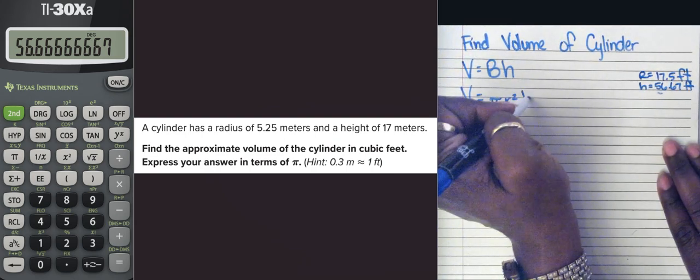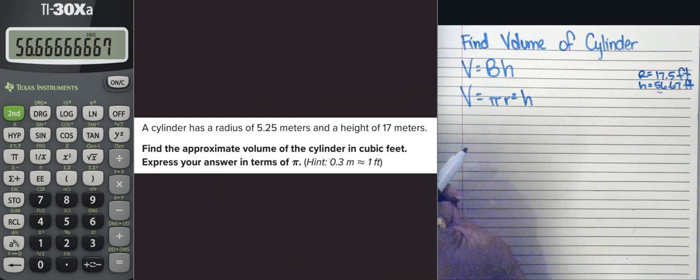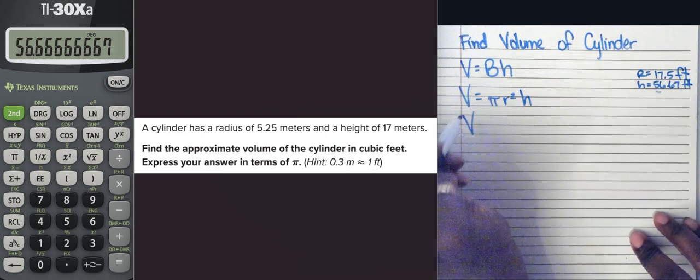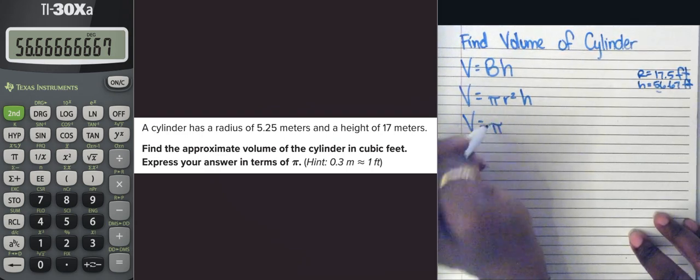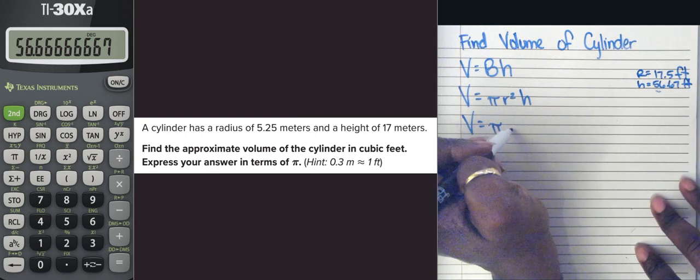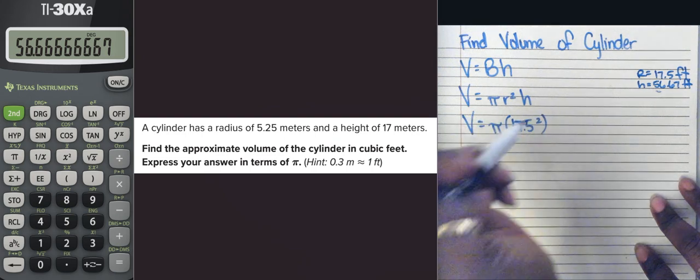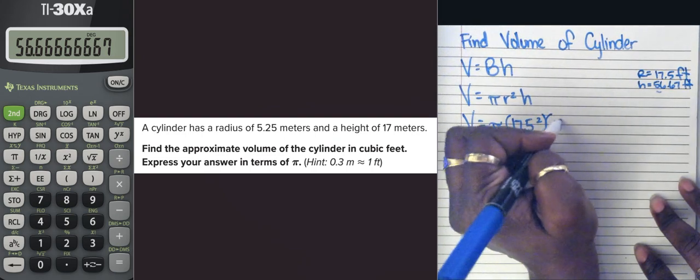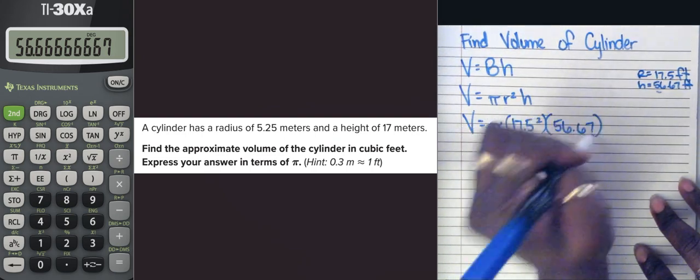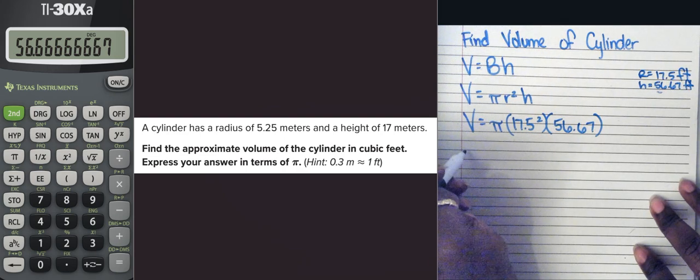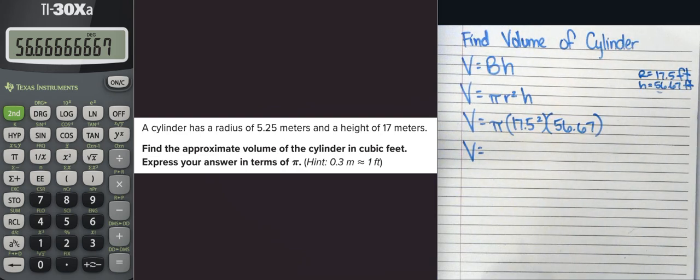And then we're going to multiply that by the height. They want it in terms of pi, so we're going to leave pi. So our volume is equal to pi times our radius, 17.5 squared, and then our height is 56.67.